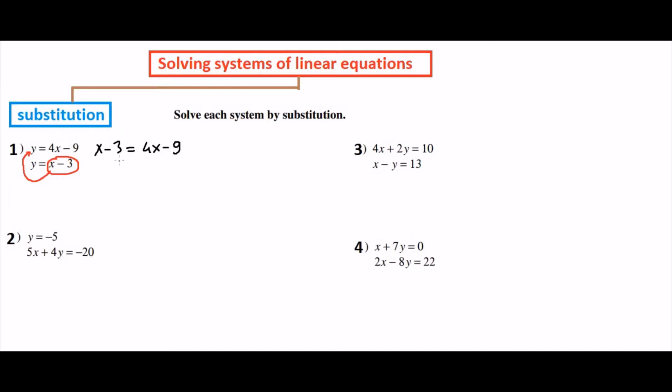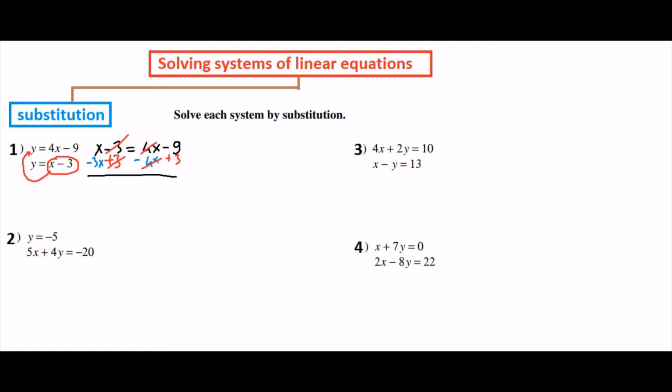Here I'm going to combine x's and then solve for x. Let's add 3 on both sides, and simultaneously subtract 4x on both sides. You can go step by step, or you can do it simultaneously. So 4x cancels because one of them is positive, one of them is negative, and since we're adding 3 on both sides, that also cancels.